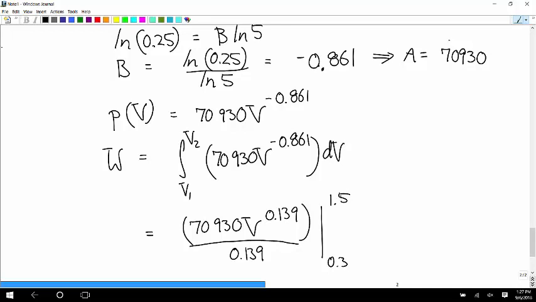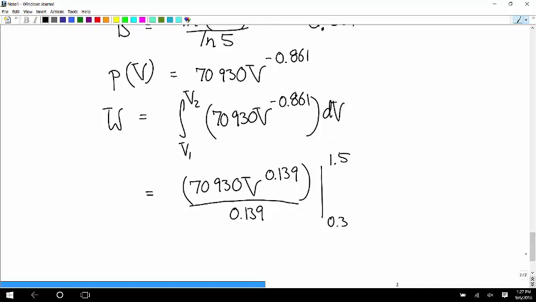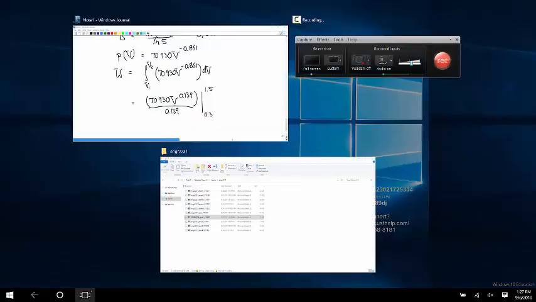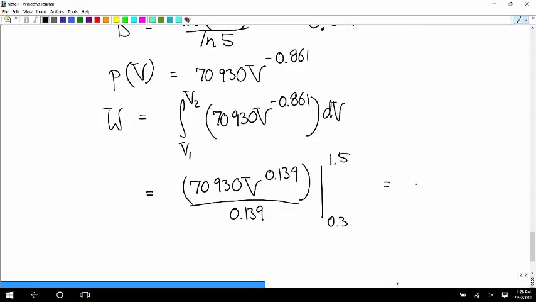Anyone have a calculator that'll do that? 226,447 joules.